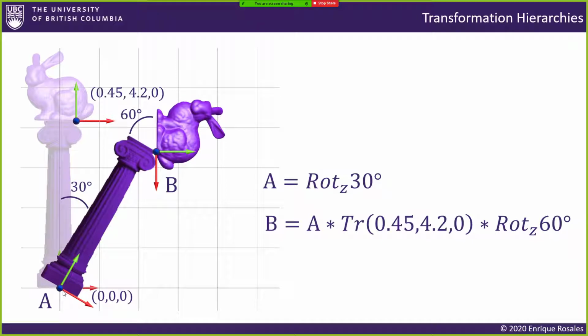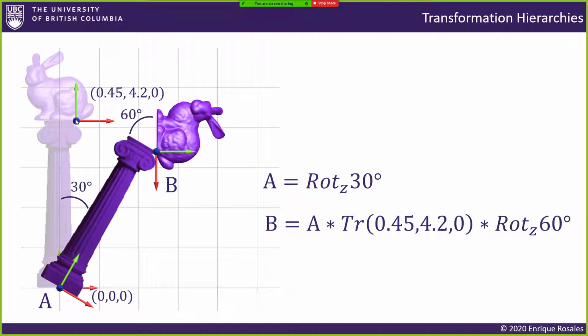Do you agree? Yep. Then rotate the bunny 90 degrees, and then get the bunny into this position. So we translate to the origin, rotate 90 degrees, and then translate to this position here.